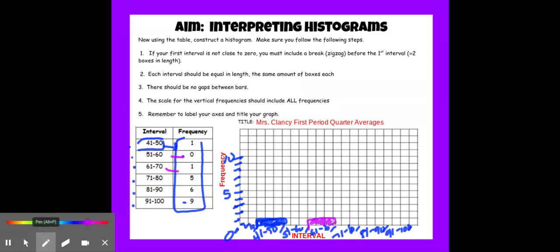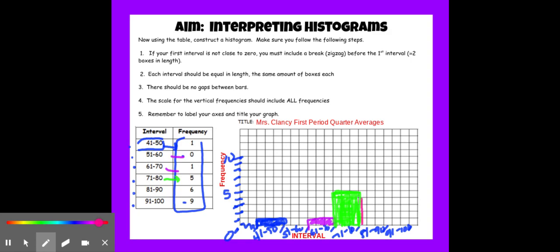Now I'm going to do the next one in red. Actually, I'll do it in green. All right, and the next one goes up 5 boxes. So I'm going to count up 5 boxes, over 3, and then down. Now remember, they have to be connected, and I'm going to color it in, make it look pretty. All right. And then the next one goes up to 6, so I'm going to do this in pink.